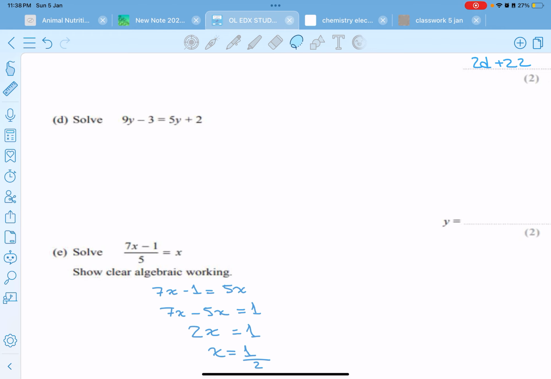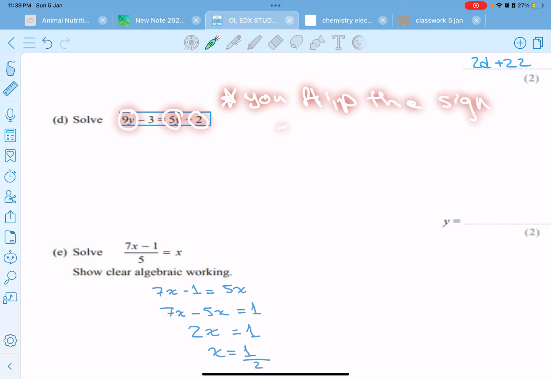Part d, you solve: 9y minus 3 equals 5y plus 2. This is one of the easiest questions. You can solve it even mentally. It plays a great role in knowing a very important piece of information, which is that you flip the sign when moving your term across the equal sign.